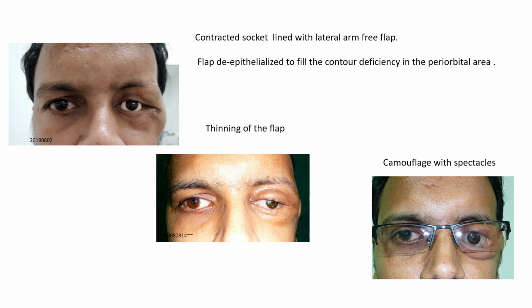Flap was de-epithelialized to fill the contour deficiency in the periorbital area, as there was excess of bulk laterally. Thinning of the flap was done subsequently, and a camouflage with spectacle was used.